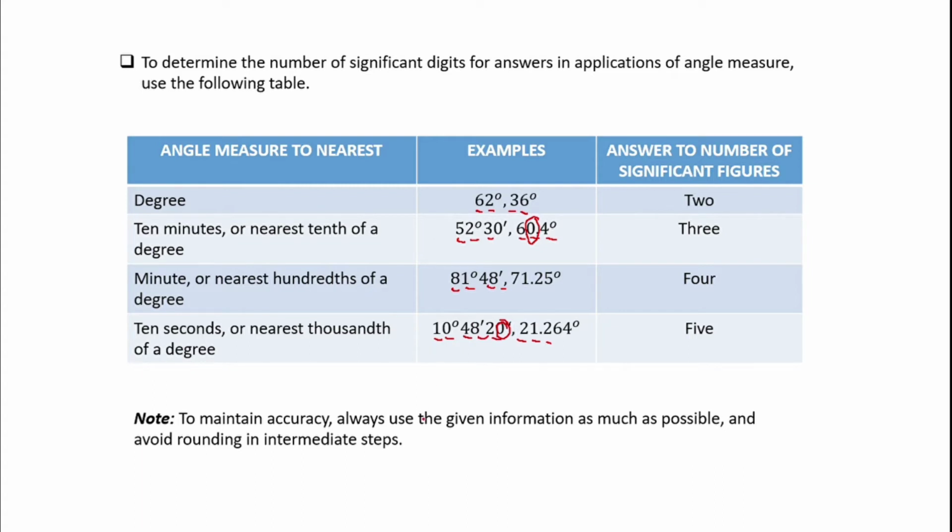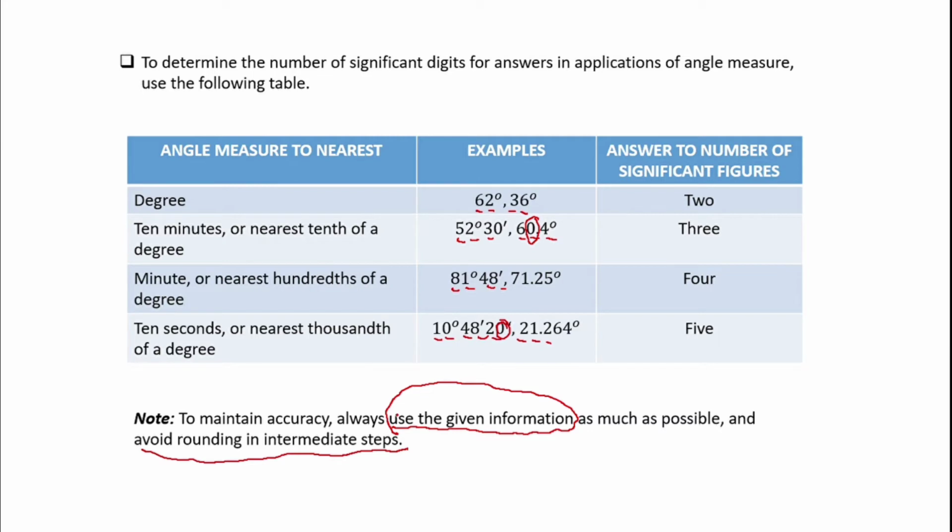So therefore, use the given information. Gamitin natin kung ano ang nasa given para magkapareho tayo ng sagot as much as possible. So avoid rounding in the intermediate step. You have to round it off to the final answer only. At that moment, in the intermediate step, do not round it off, use the information.